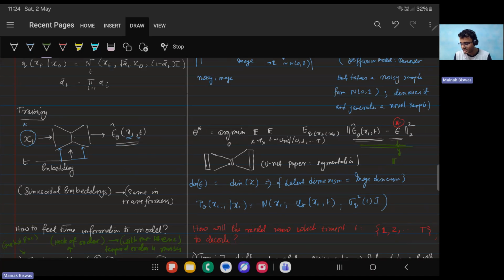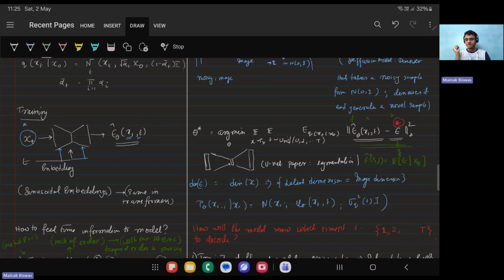So the optimal function is the expected value of epsilon given xt, is what you will have. This is exactly what we are going to have, because this is your x and this is your y, and your f star or epsilon star of xt is going to be this. Isn't it? Because this is the expected value of epsilon, the optimal value given xt.